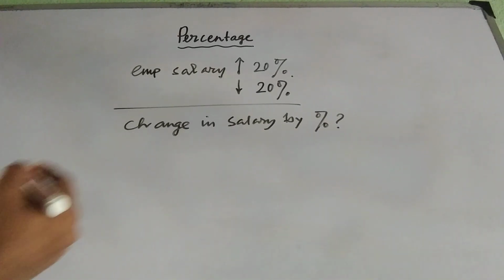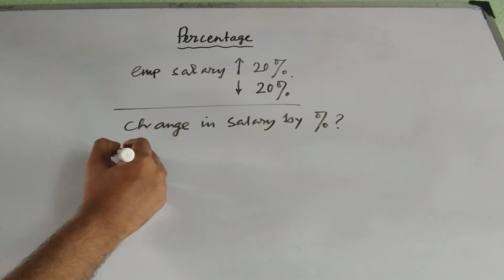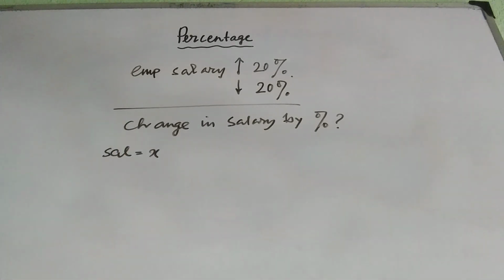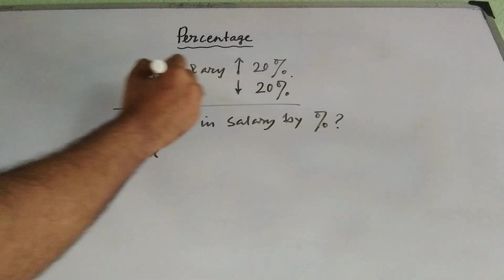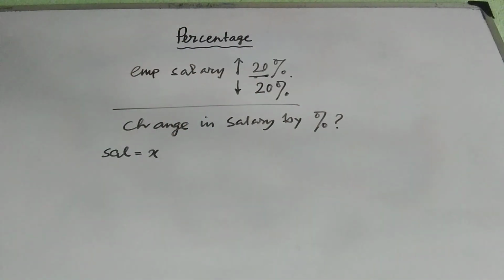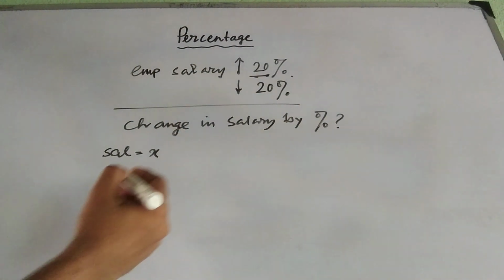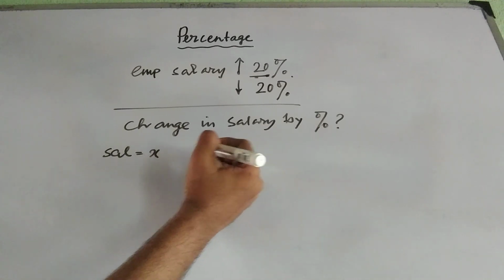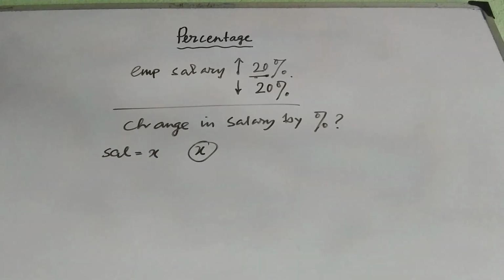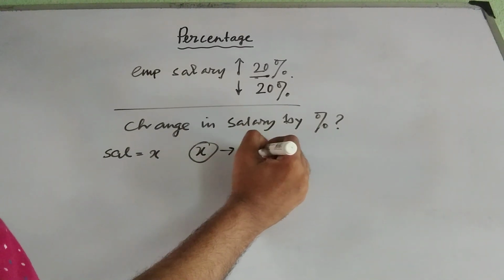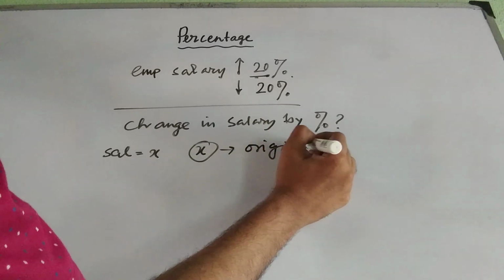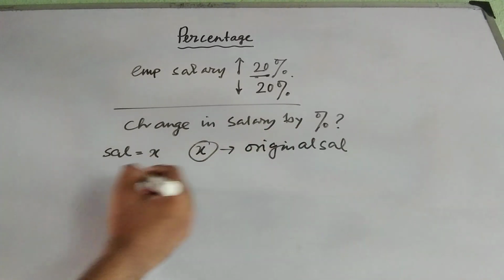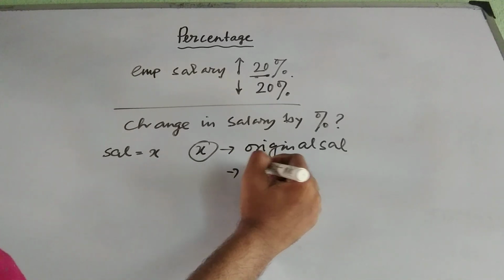Let the employee salary be X. We are assuming the employee salary equal to X, the original salary. Now it has increased first by 20%. What is the increased salary?